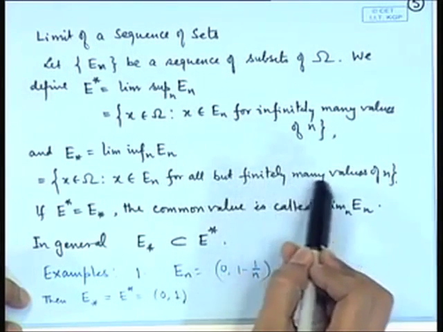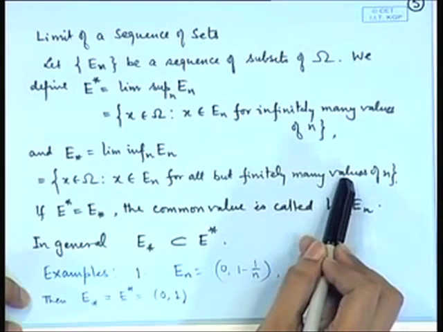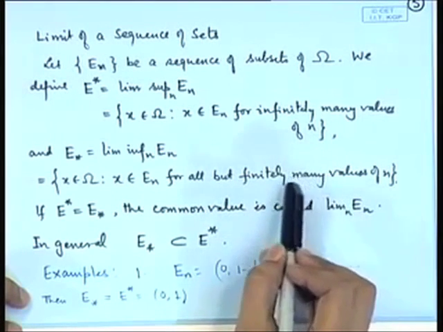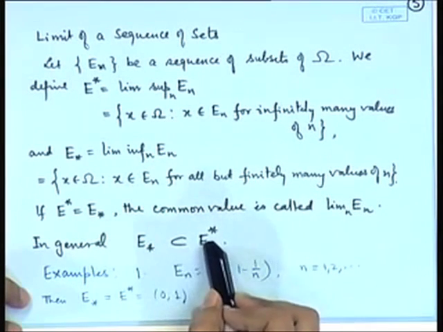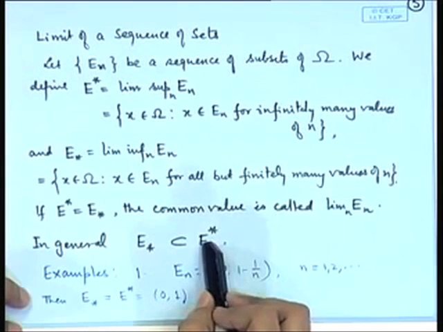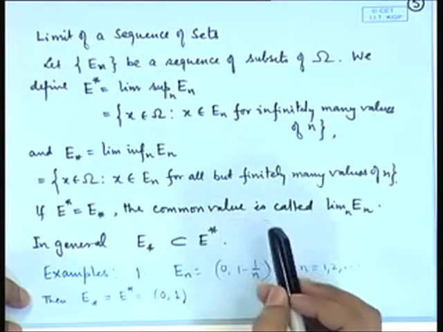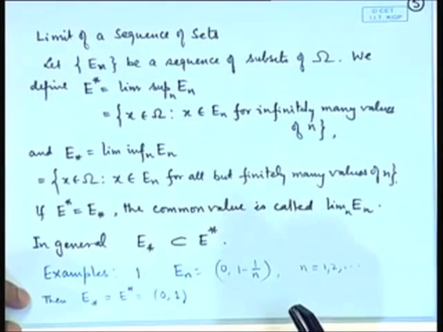That means definitely it belongs to infinitely many values of n. Therefore, in general, E lower star is always a subset of E upper star. When they are equal, we say that the limit exists.